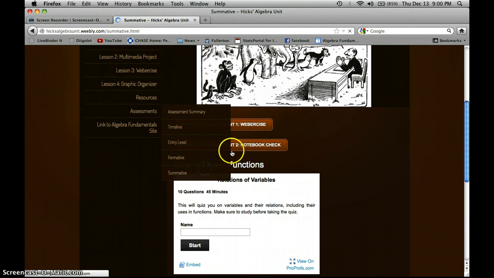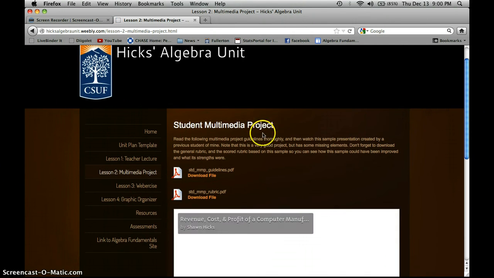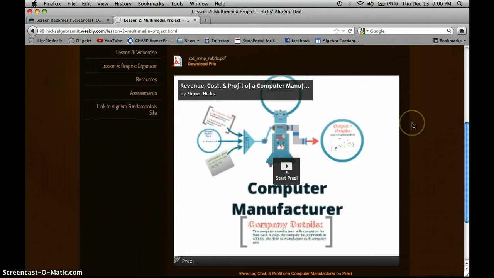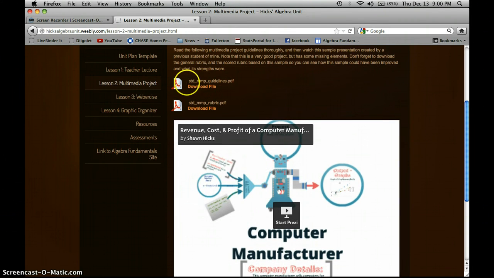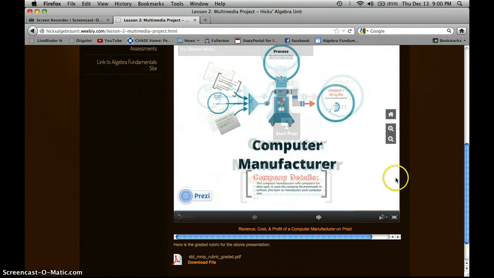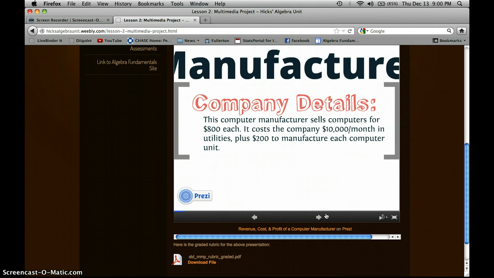Then we have summative assessments, like the Multimedia Project. For my Multimedia Project, this is just an example. I have the guidelines here and the rubric. They basically have to create a real-life example, and this is my student sample. If it opens up, it's going kind of slow, but pretty much: this computer manufacturer sells computers for $800 each.